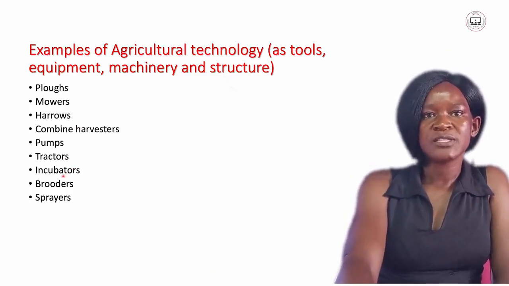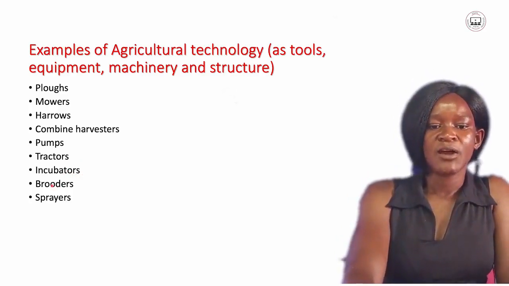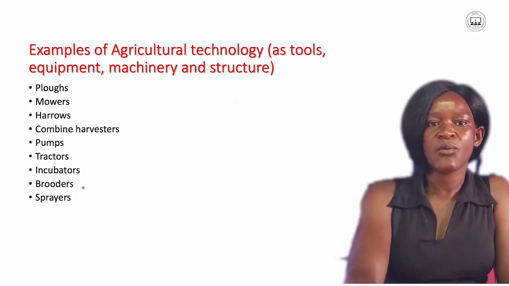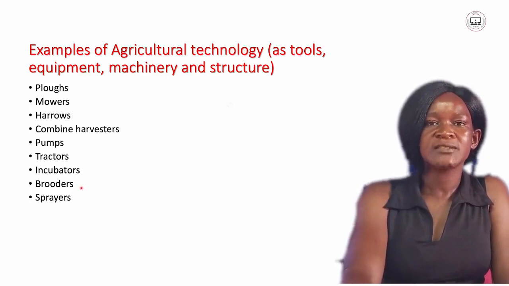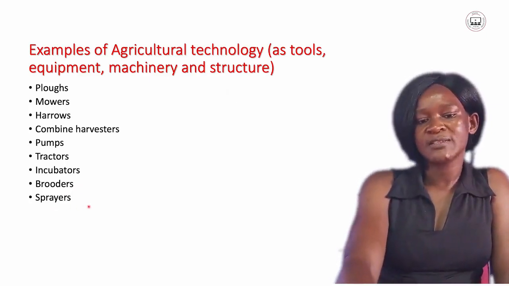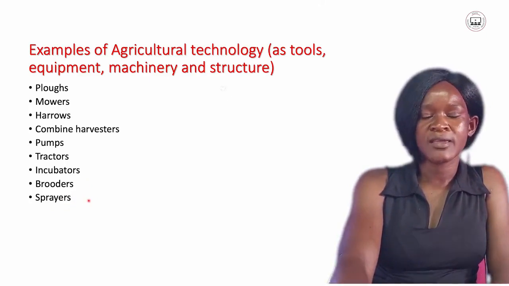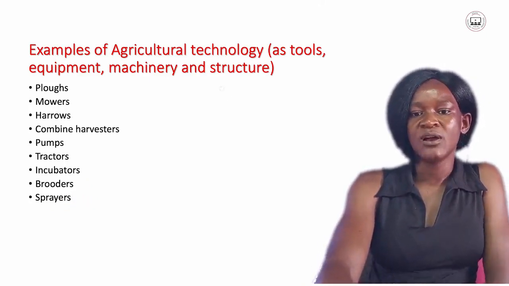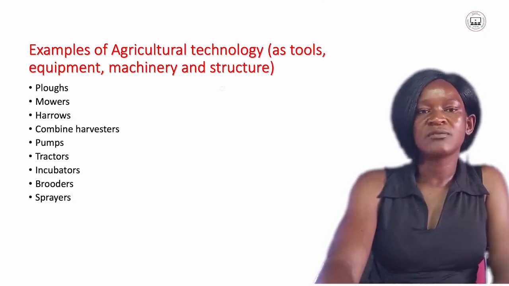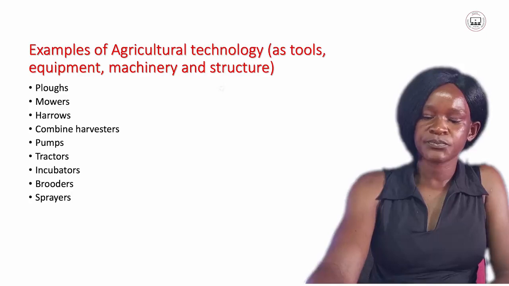We have incubators, which we use to hatch eggs. We have brooders where we keep those animals which are underweight. Then we have sprayers, which we use to spray the chemicals. So these are simple examples of agricultural technology, tools and equipment.